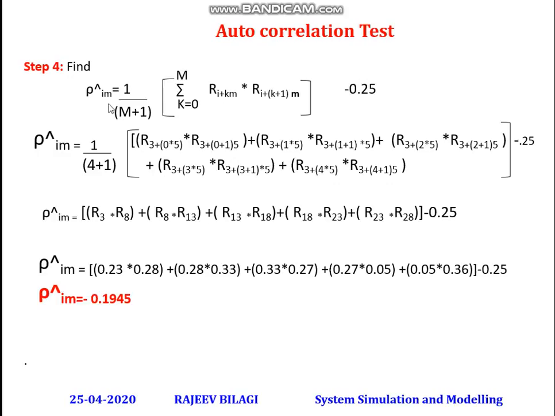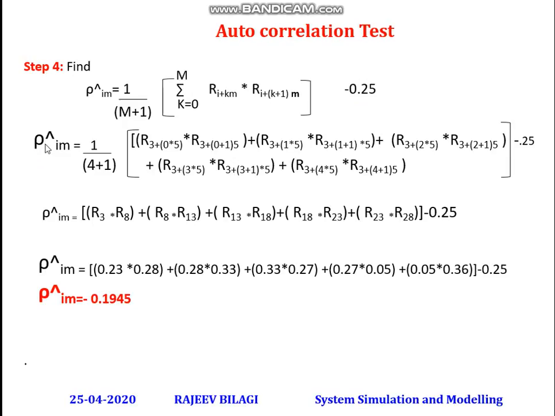Now find the value of row of Im cap equal to 1 divided by capital M plus 1, k equal to 0 to M. So since M is equal to 5, your k value will be like 0, 1, 2, 3, 4 up to 4. So now R of I plus km into R of I plus k plus 1 m minus 0.25. So you have to remember this.